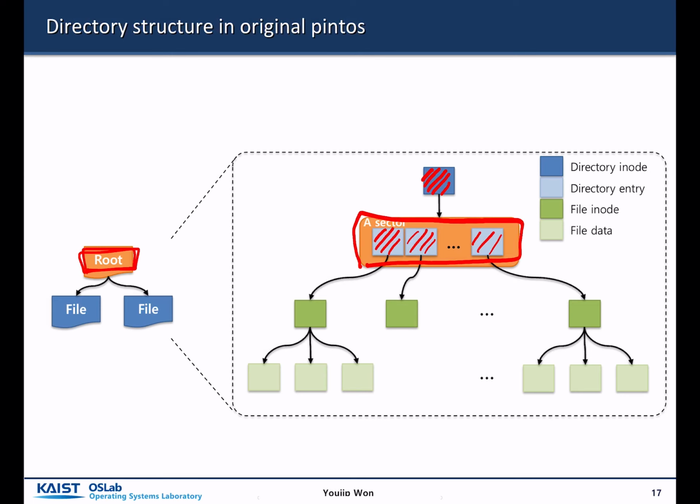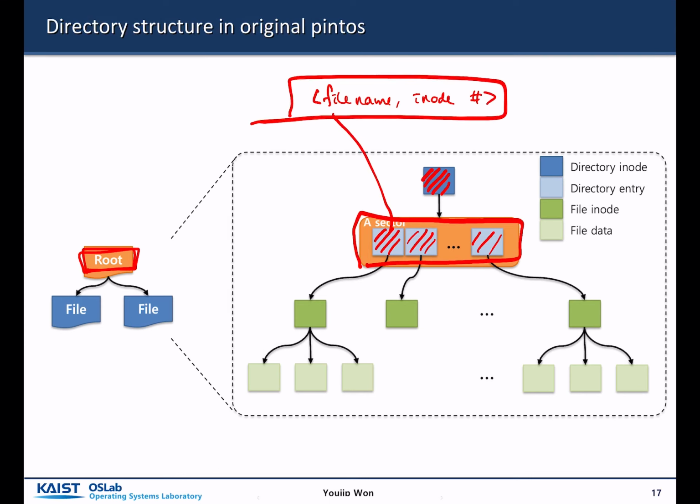Every directory entry in the Pintos file system is just a file, meaning a file name and inode number pair. Based upon these, it allocates a file inode, and then it contains a data block associated with the inode.